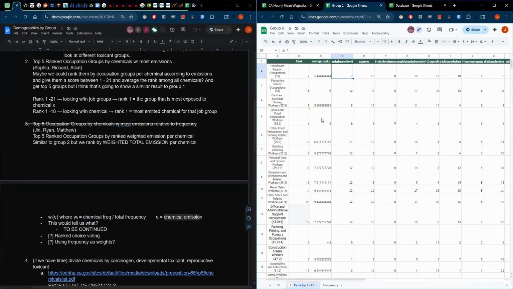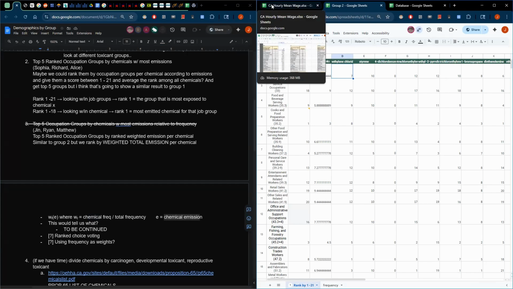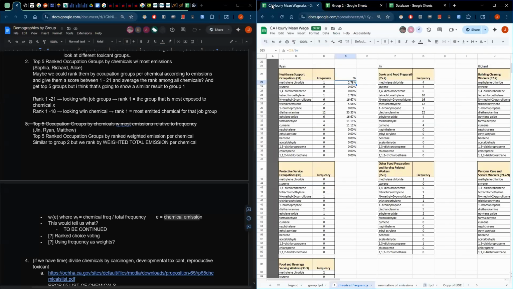Maybe we won't rank them across groups, but across chemicals instead. I was envisioning you would rank them across chemicals so that each group would have a top ranked chemical exposure. Yes.